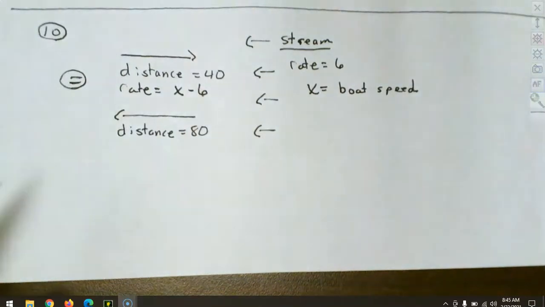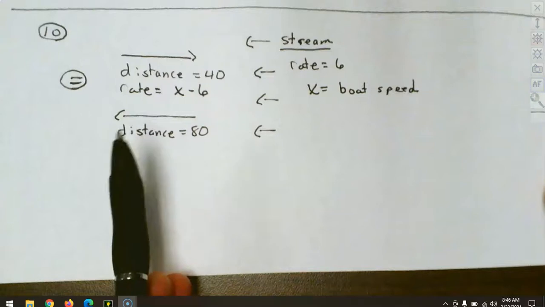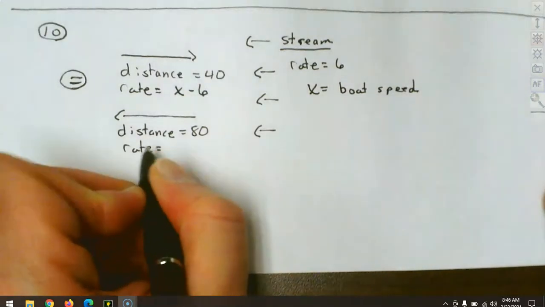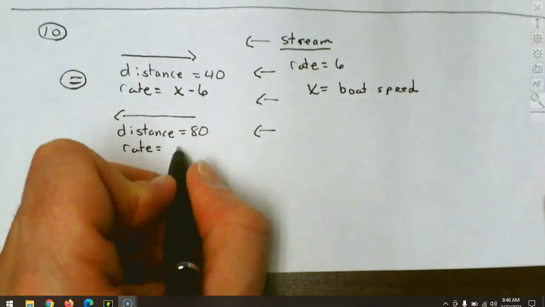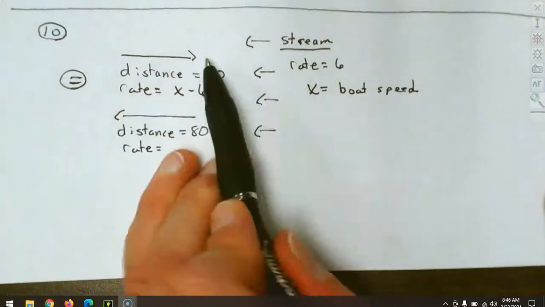Now, what about the other one? When we're going back, we're going downstream. So what do we know about its rate of speed? Does anyone want to tell me what that one would be? That rate of speed would be what? Okay, this one was x minus 6 because it's forcing it back.